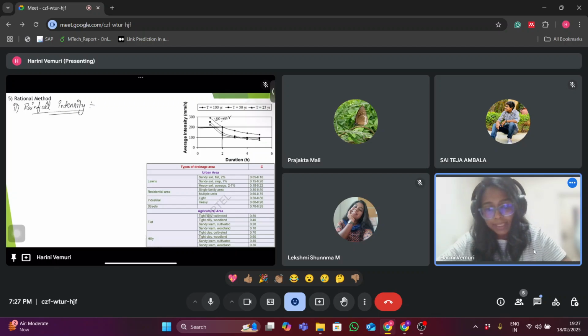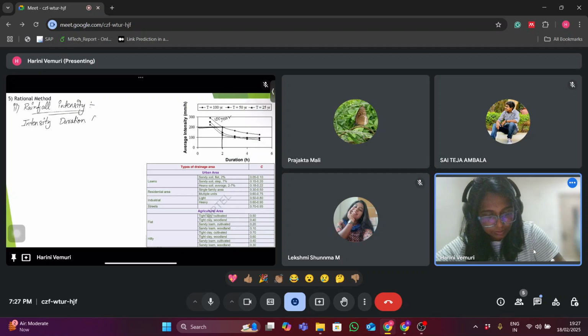So like this, from the intensity, duration, frequency curves, the IDF curves, we can estimate the rainfall intensity.